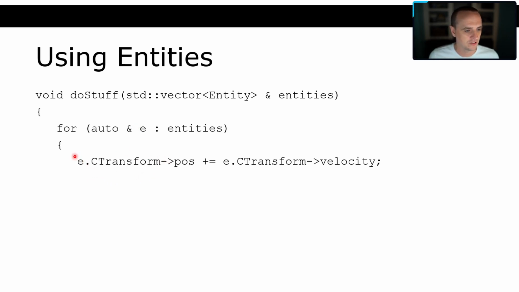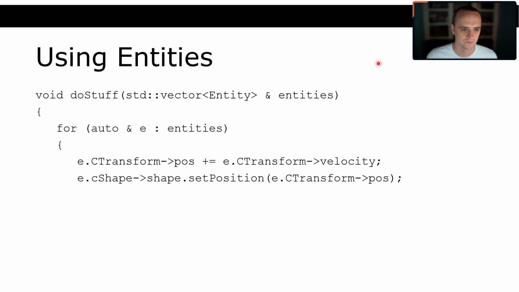But when it's a pointer, and a shared pointer is a pointer, I have to use dash greater than. So that's just, we call it the arrow. And so whenever you see an arrow, you know the thing to the left of it is a pointer. All right? So I can't say cTransform dot pos because cTransform is a shared pointer. So it's the syntax for accessing the internal variable of something that is a pointer. All right. So I won't go too deep into that. You'll get used to that.